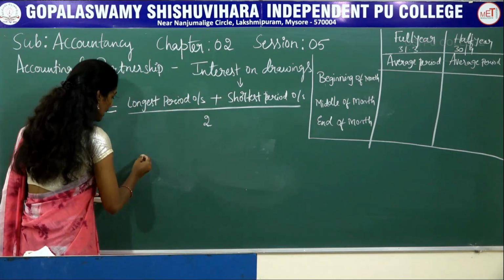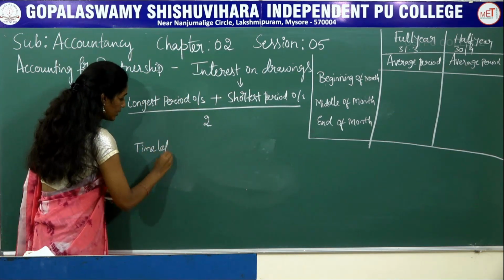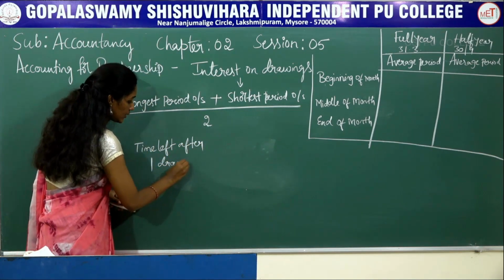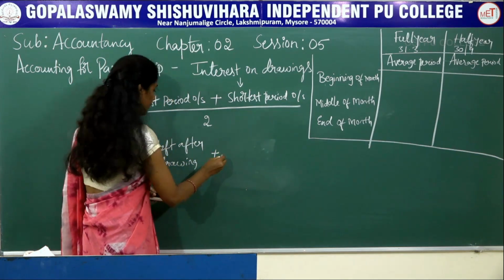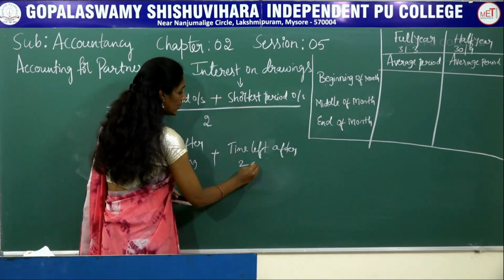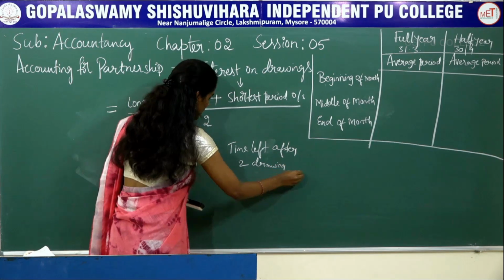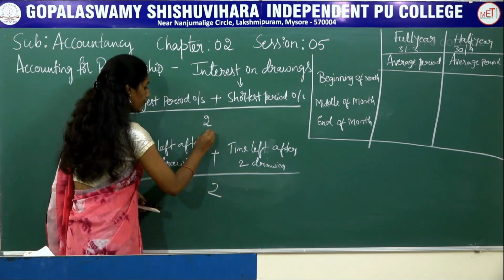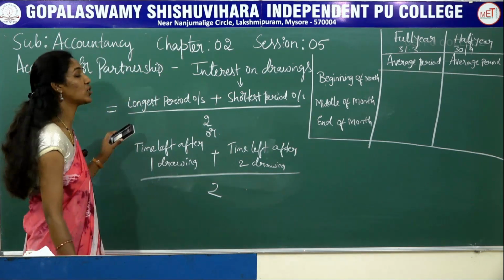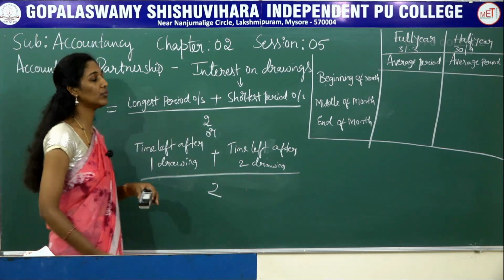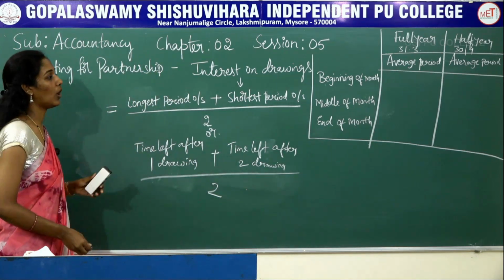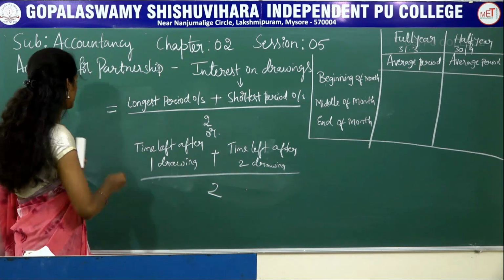It can be written as time left after first drawing plus time left after second drawing divided by 2. So this is the formula to find out the average period when a partner withdraws at the beginning of the month.